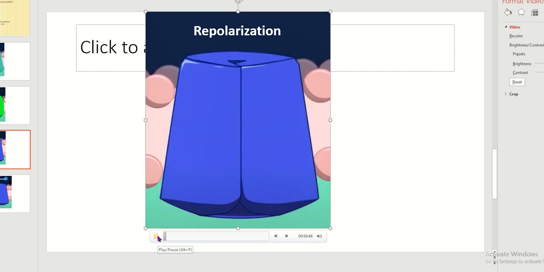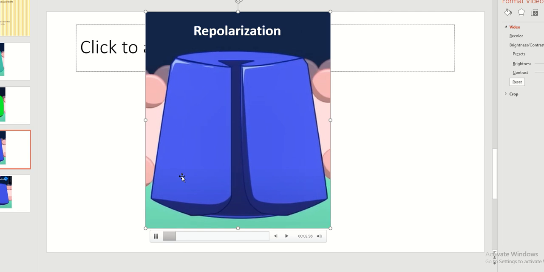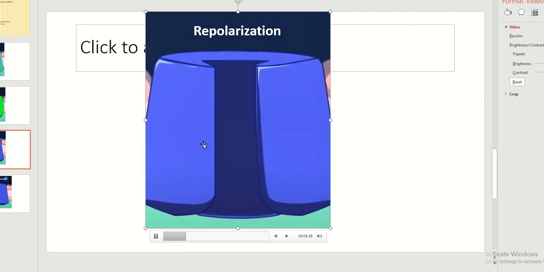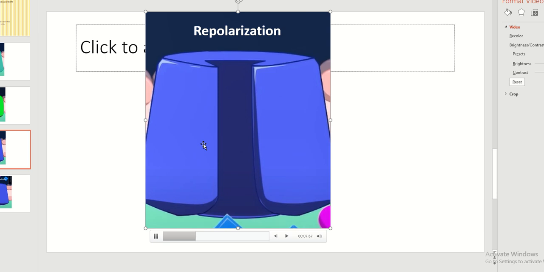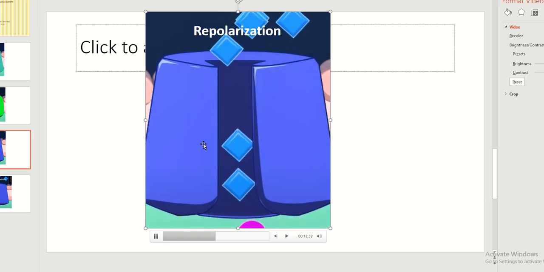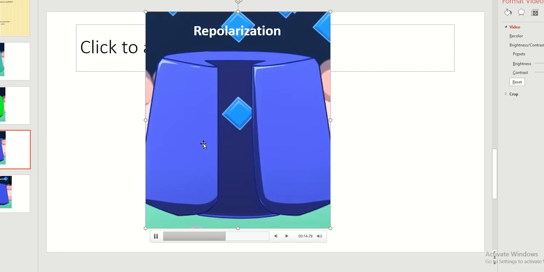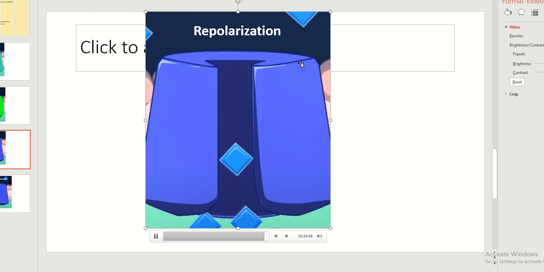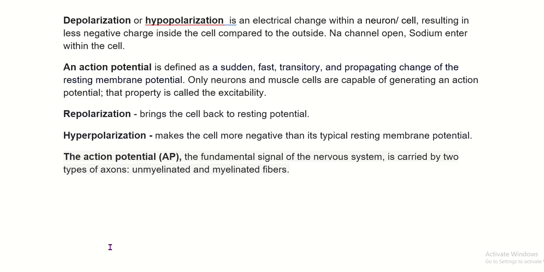So when repolarization starts, the potassium channel opens and potassium goes outside, and the sodium channel is closed, so negativity within the cell is increased. Hyperpolarization.